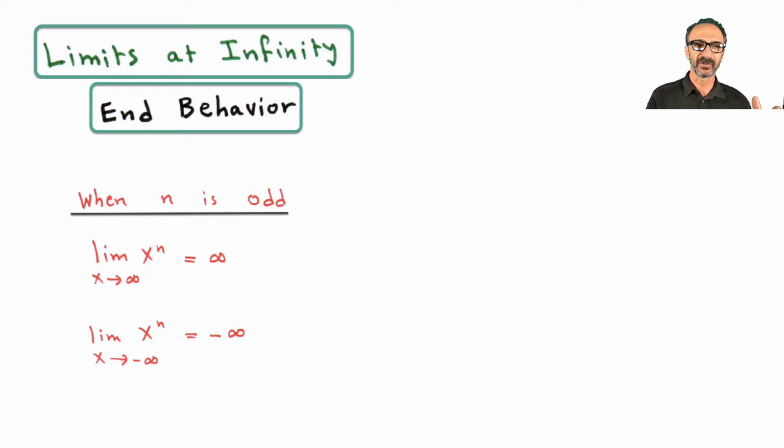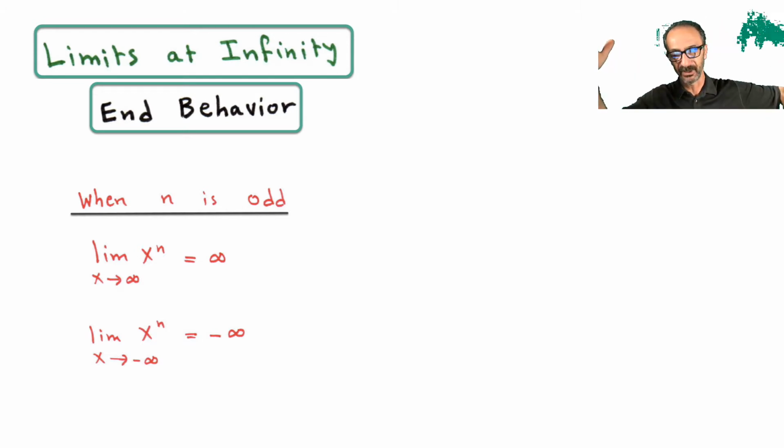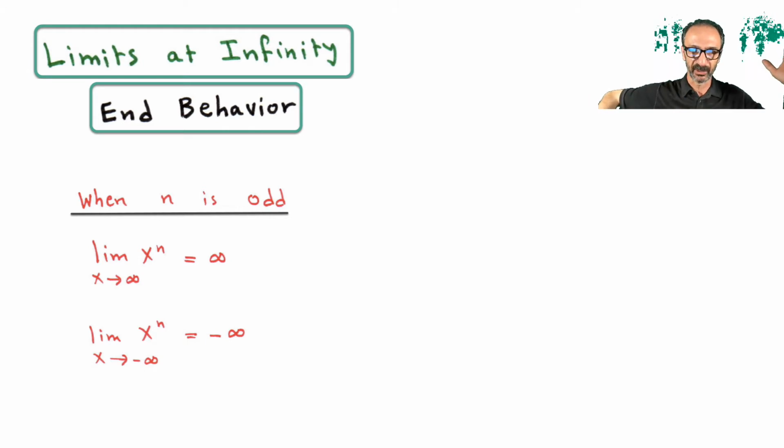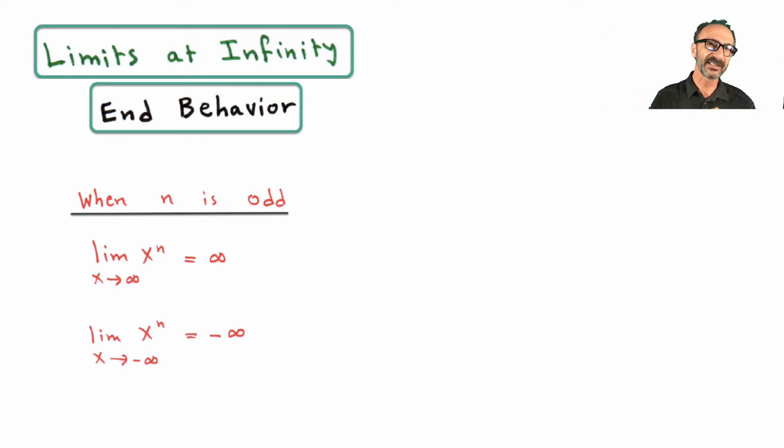Any cubic function, any odd exponent polynomial, towards the end, that's how they act. Either this way or this way, which sometimes I call the Jabber moves.